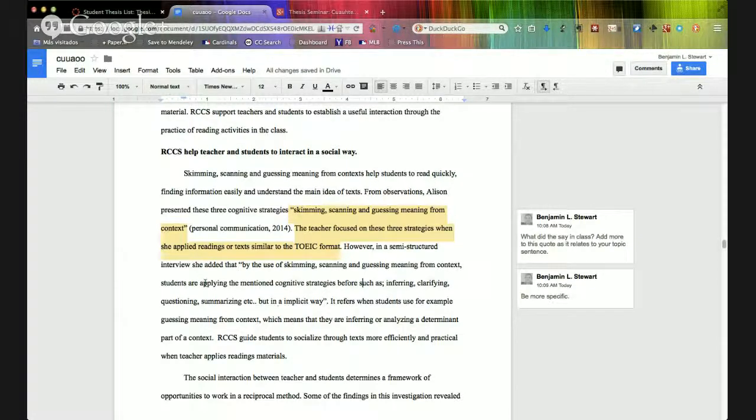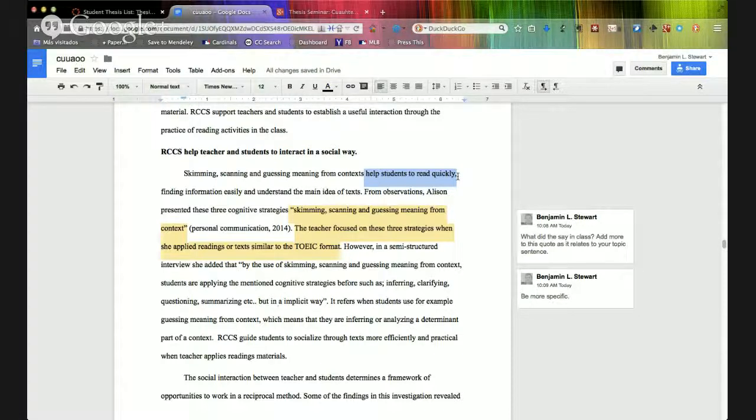Here, using scanning in this context, students are applying the mentioned cognitive strategies for such as, all right, so this is not the same as helping students read quickly. ¿Ves la diferencia?